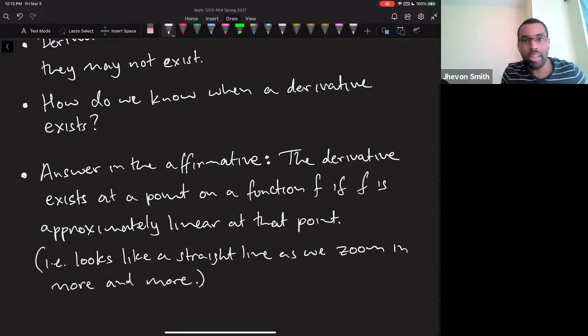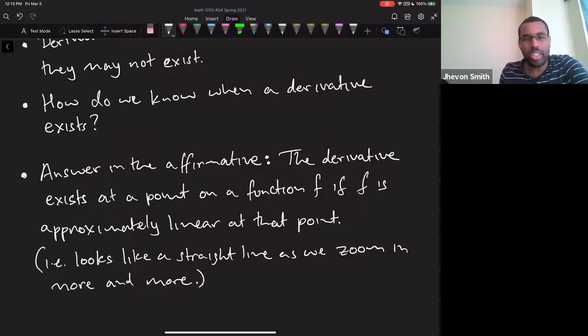So it might look like some kind of curve, but if I were to zoom in and start increasing the magnification, it starts to kind of flatten out as I do that, right?